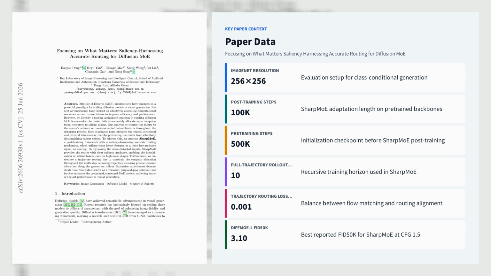Ablations show that saliency harnessing routing reduces DiffMoE-B FID 50K from 8.03 to 6.95 at CFG 1.5, and adding the trajectory routing loss further lowers it to 6.66, confirming that clean latent guidance and trajectory level compute regularization are both necessary for accurate saliency-aware expert allocation.